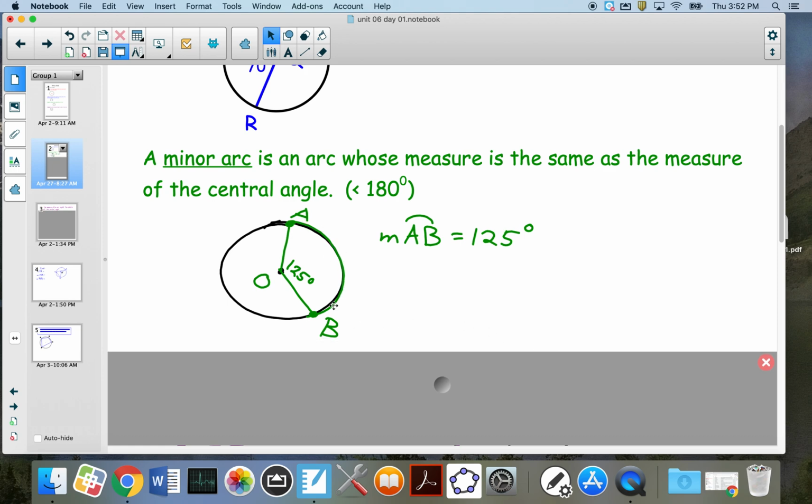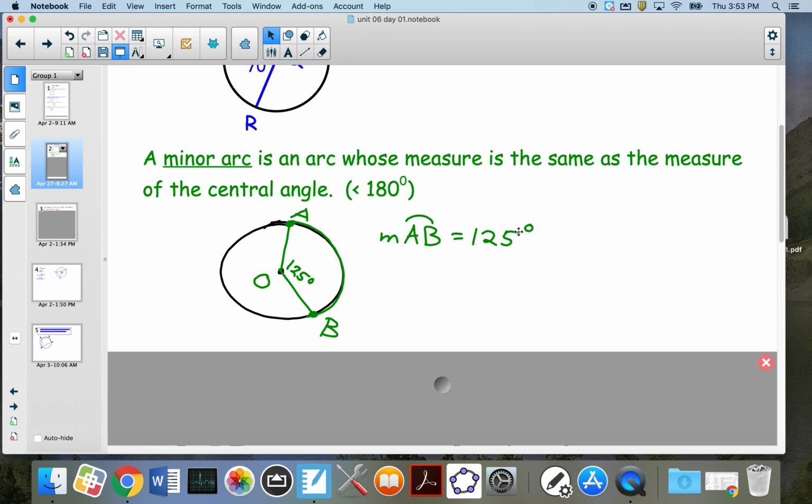So for example, arc AB, and the notation for an arc is two letters with a little curved arc over the top of them. That shouldn't be totally unfamiliar to you. It's kind of like a segment, where we wrote two letters and then had a straight segment above them. Now we have an arc above them. And it doesn't matter if you call it arc AB or arc BA. Just like we do with angles, if we want to talk about the measure of an arc, we put a small m in front of it, and the answer is going to be in degrees.